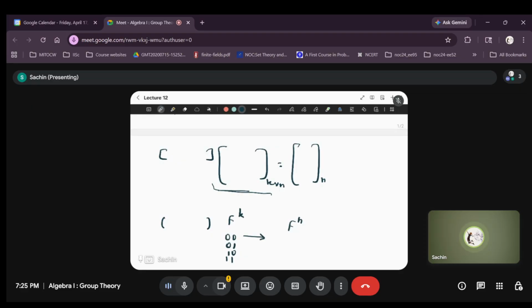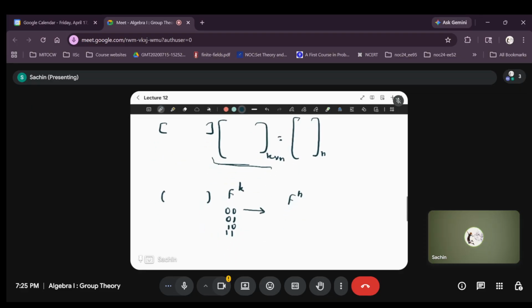To each of them, you map a 4-bit message. Right? 0 0 0 0, and let's say 0 1 1 0, say 1 0 0 1, and then 1 1 1 1, something like that. These are 4-bit messages, but the vector space of 4 bits has 2 power 4, 16 vectors.